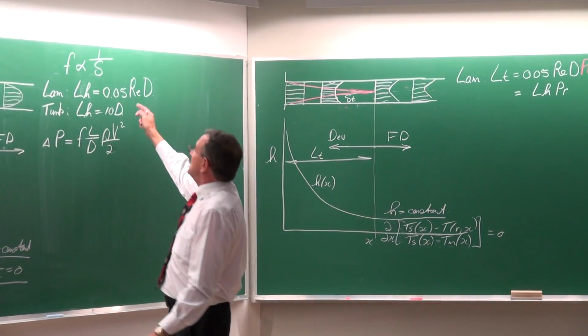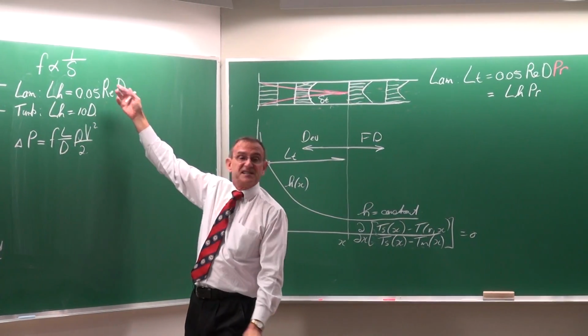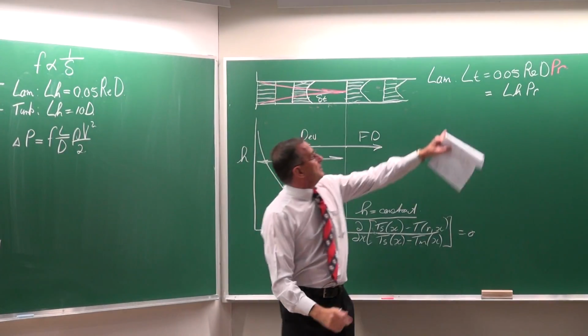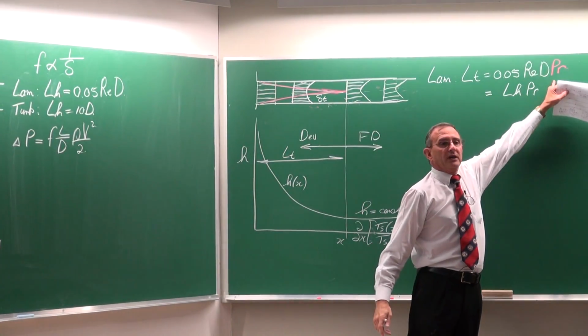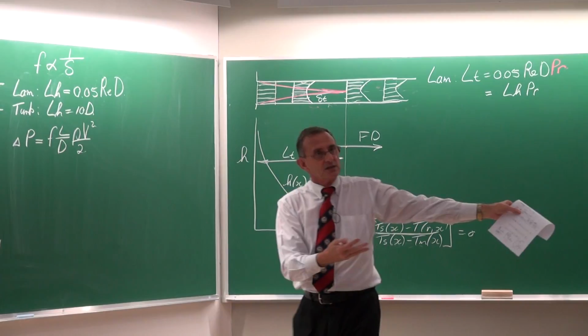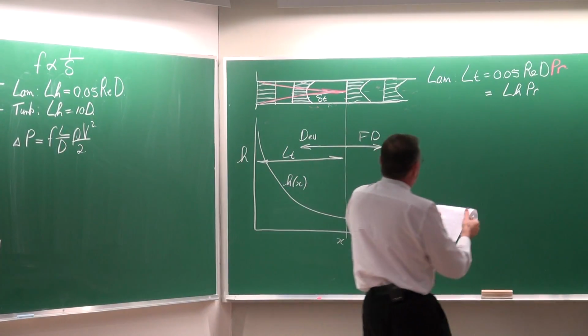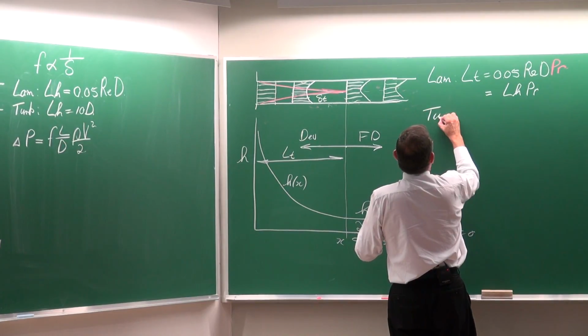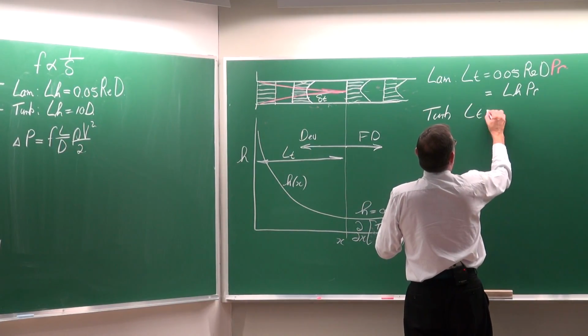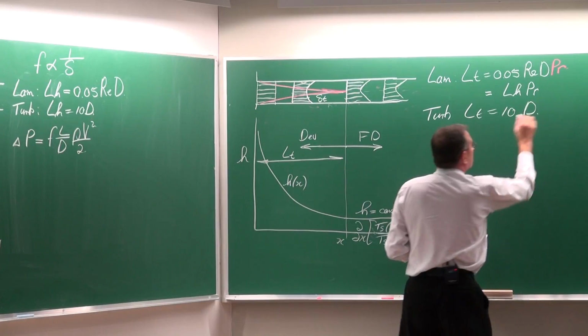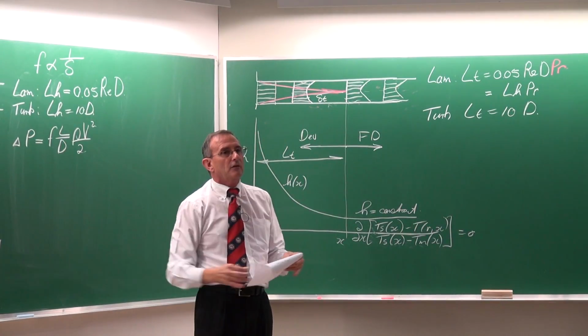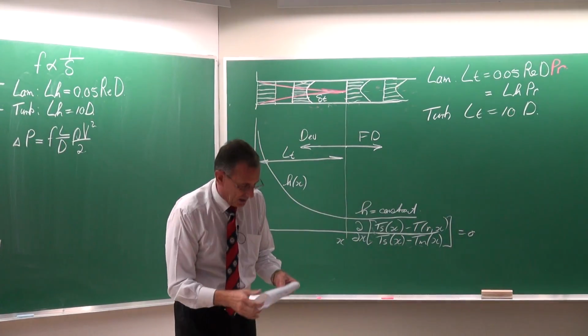So whatever this distance is, if this distance is 10 meters, then you just take this one and you multiply it by the Prandtl number and you get that distance for thermally fully developed flow. For turbulent, it is again 10 diameters. Very easy. Both of them 10 diameters, then it is fully developed.